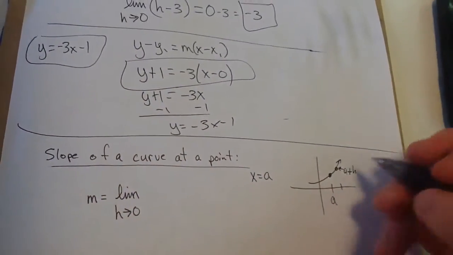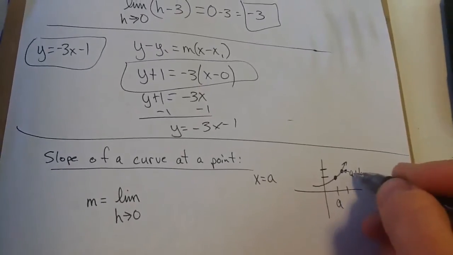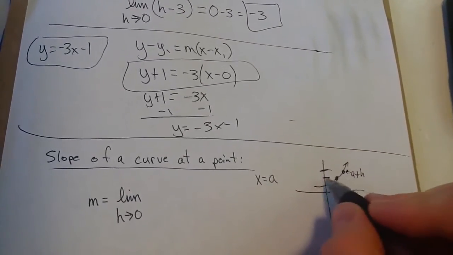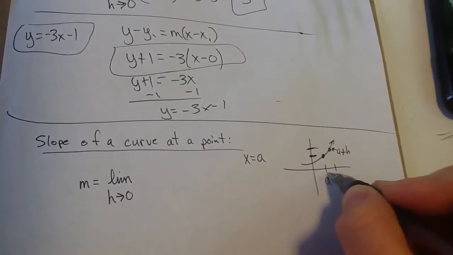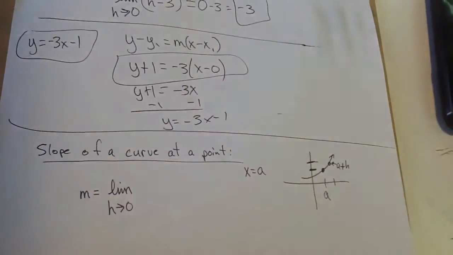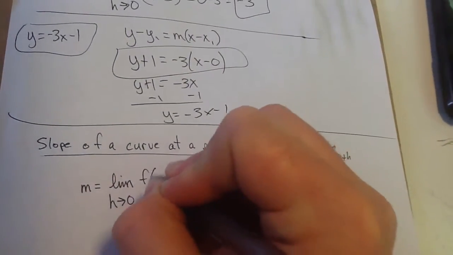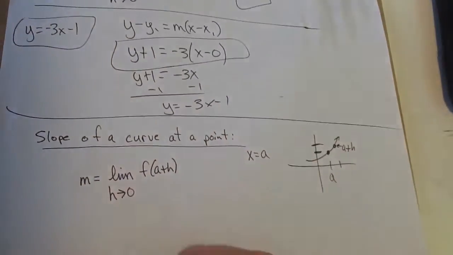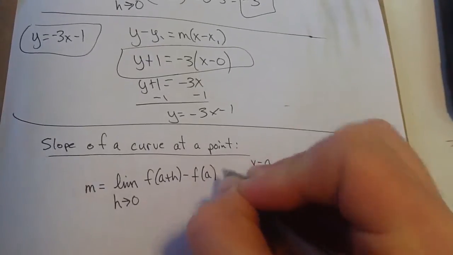If you think about change in y, if I subtract these y values, you might say, I don't know the y values. I know the x value is a, and this x value is a plus h. Well, to get the y values, you just plug it into the function. So you do f of a plus h minus f of a.